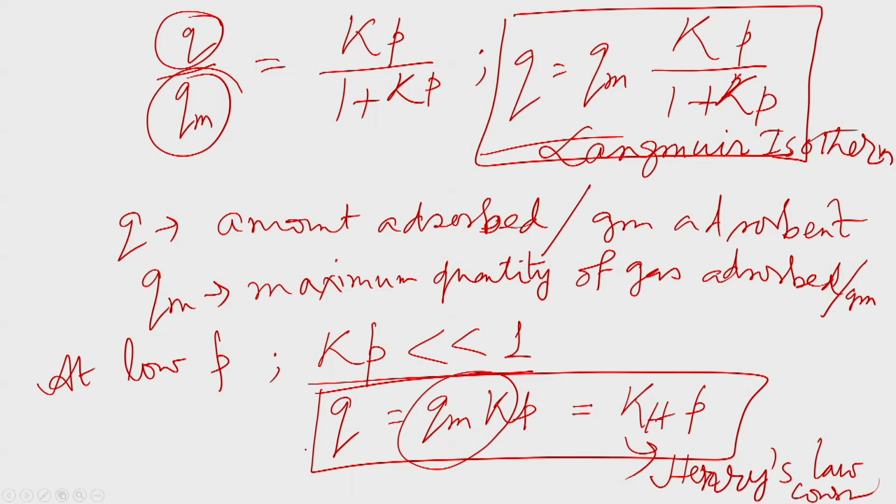So it is linear, and this equation is the form of a linear isotherm. At low P, it is the linear isotherm.